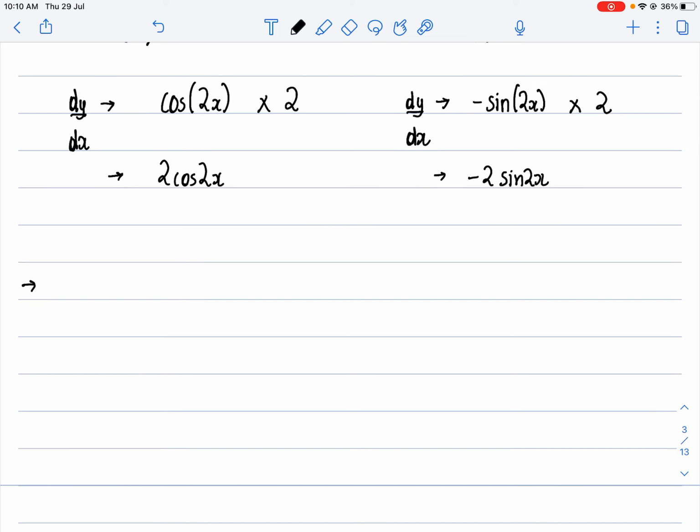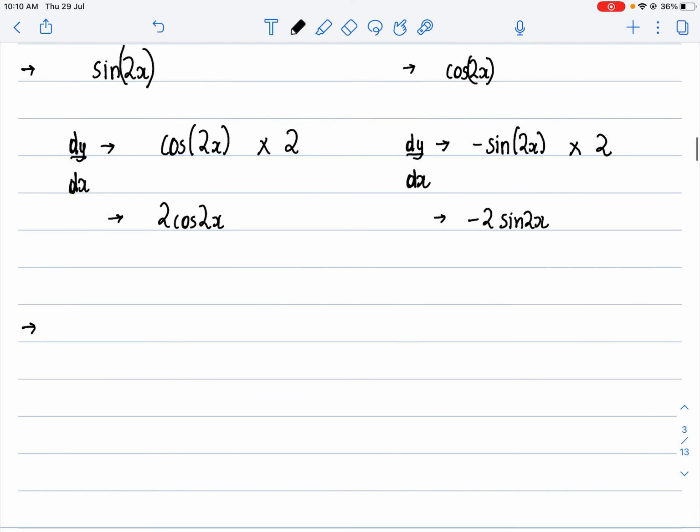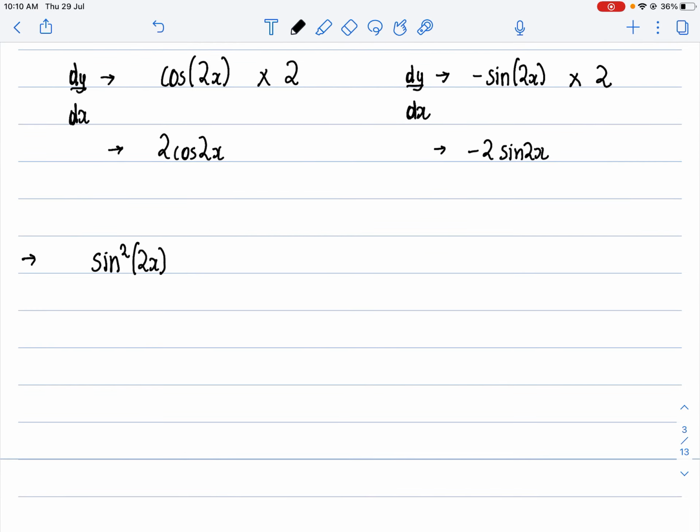Let's say you're asked what is the differentiation of sine square 2x. First you need to know that you can write this as sine of 2x the whole square. First write the brackets properly.